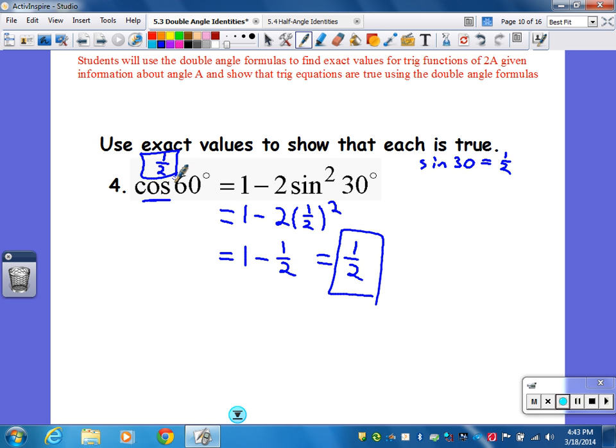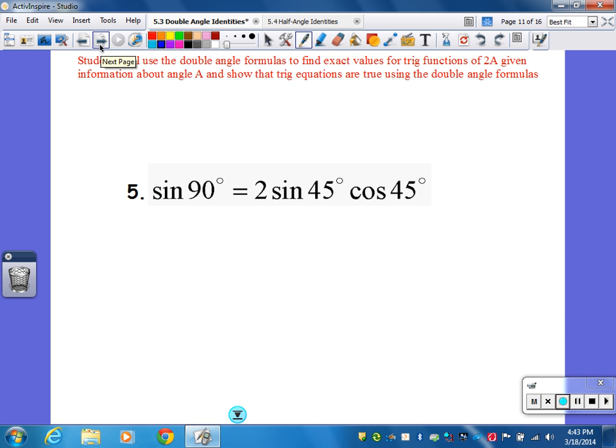So let's keep moving now. The next question is kind of the same idea of what we just did. We're looking at sine 90 degrees. Right away you should say, that one's easy, that's just 1. And then sine of 45 degrees is the square root of 2 over 2, and cosine of 45 degrees is also the square root of 2 over 2. So now we just plug those in for sine and cosine.